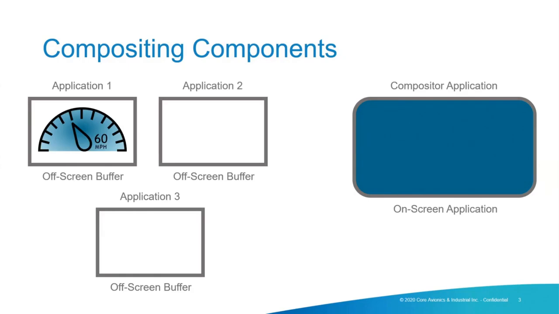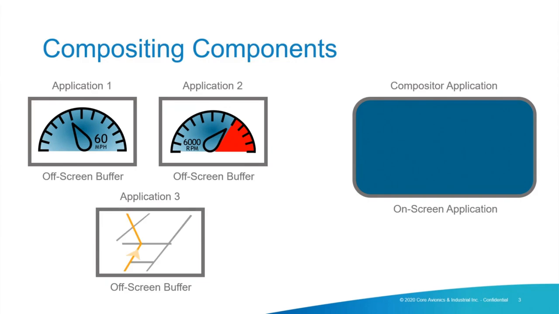In this case, the first application will draw a speedometer. This example is going to composite an entire car's dashboard. The second application rendering to an off-screen buffer is going to draw a tachometer, and the final application is going to draw a GPS navigation system. So we have three applications, each responsible for an individual component, and the only thing they have to worry about drawing is that individual component.